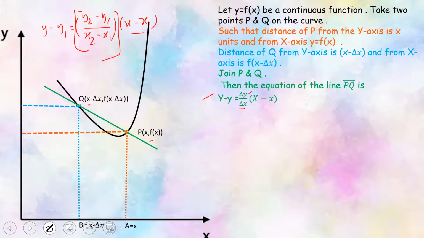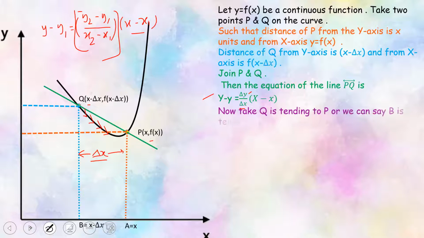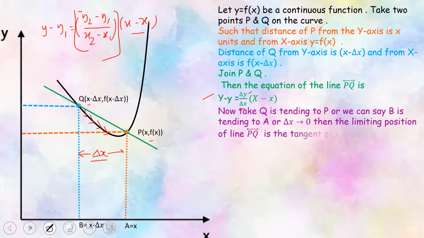Now if I take this distance delta x very small, or I can say I'm taking this point Q towards P, or I can say this delta x tending to 0, then this line PQ will convert into the tangent as per this concept of derivative. So let's check the tangent at a point P, that is PT. Here it is. Now what is the equation of PT?